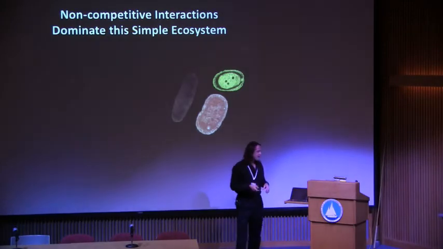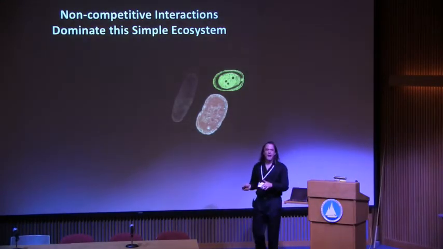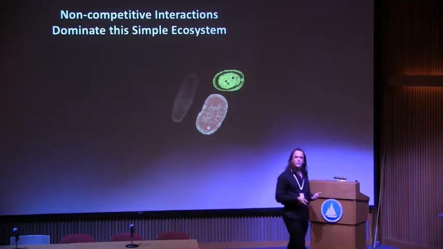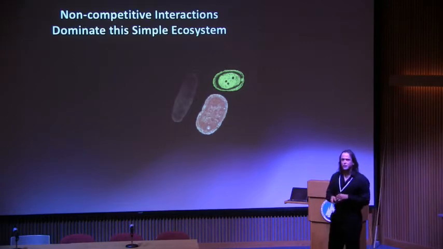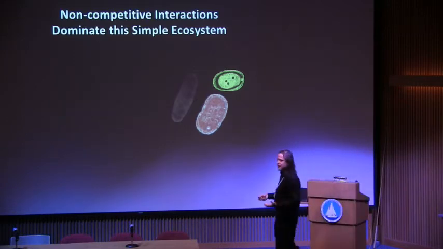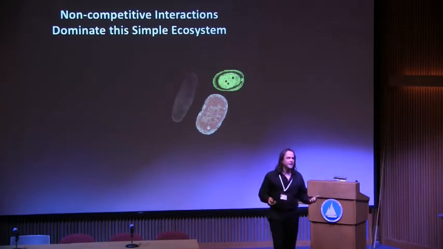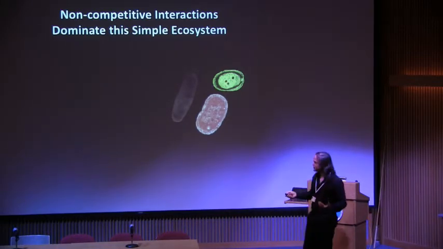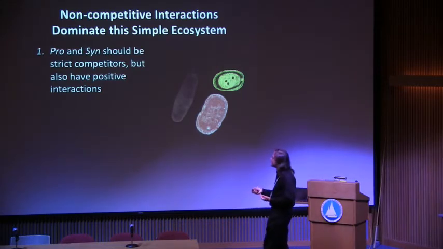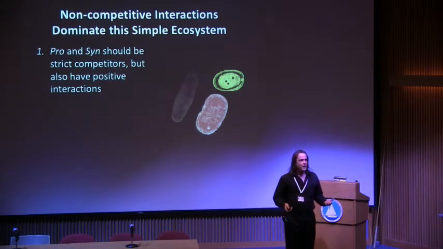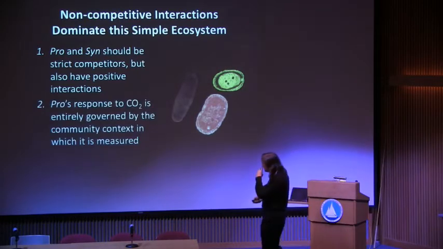Okay. So the interesting thing here is that non-competitive interactions are dominating these little simple ecosystems, right? We started these experiments to look at competition over nutrients, basic ecology, and instead we ended up studying interspecies interactions, which is not what we were thinking about initially. So Pro and Syn should be strict competitors, but instead they also have these positive interactions in addition to competing over nutrients.